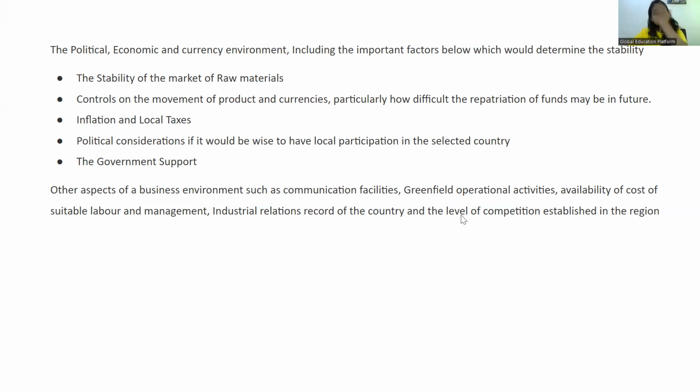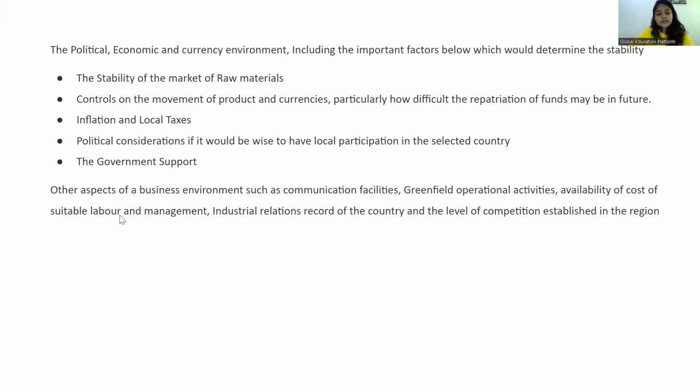Controls on movement of product and currencies, particularly how difficult the repatriation of funds may be in future. Inflation, local taxes, again, those points are being spoken of here. Political considerations, such as whether it would be wise to have local participation in the selected country, and government support, like lowering interest rates in order to expand investments, foreign direct investments, and so on and so forth.